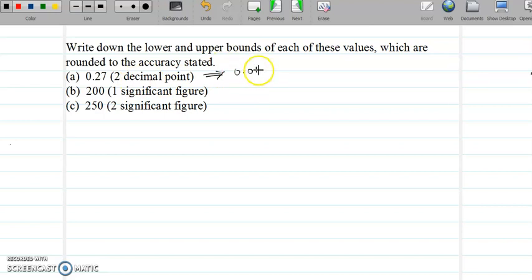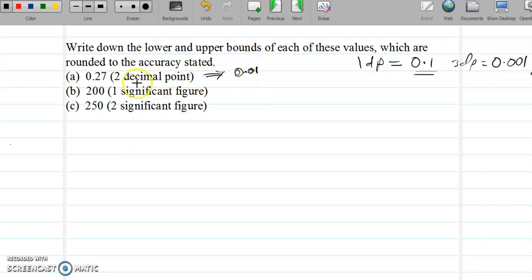If you are asked to 1 decimal place, the degree of accuracy is 0.1. Please record this. If you are asked to 3 decimal place, the degree of accuracy is 0.001. Please recall these. So to 2 decimal place, we have 0.01. This is the degree of accuracy.